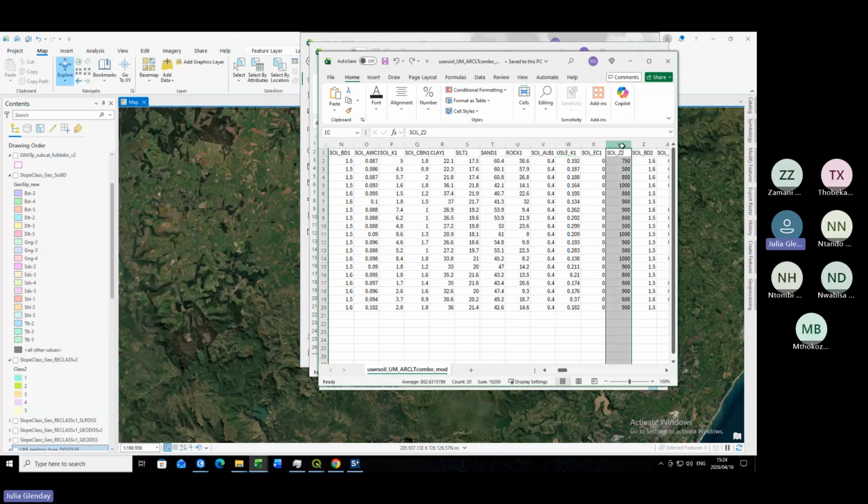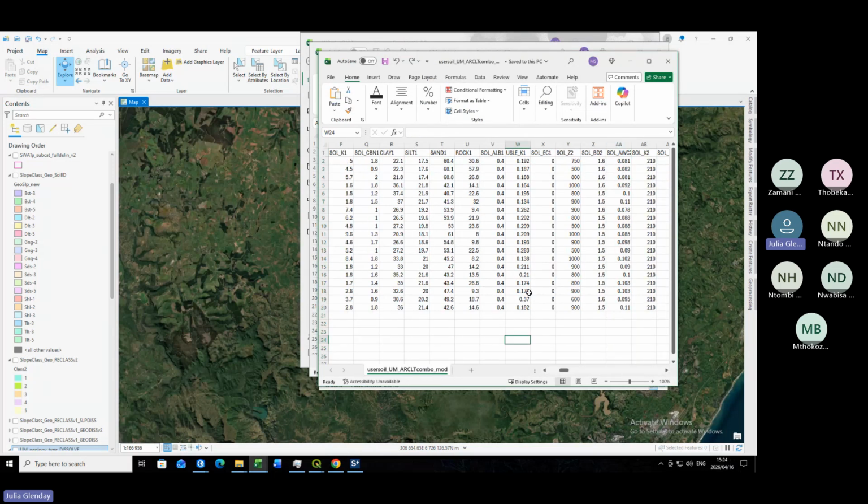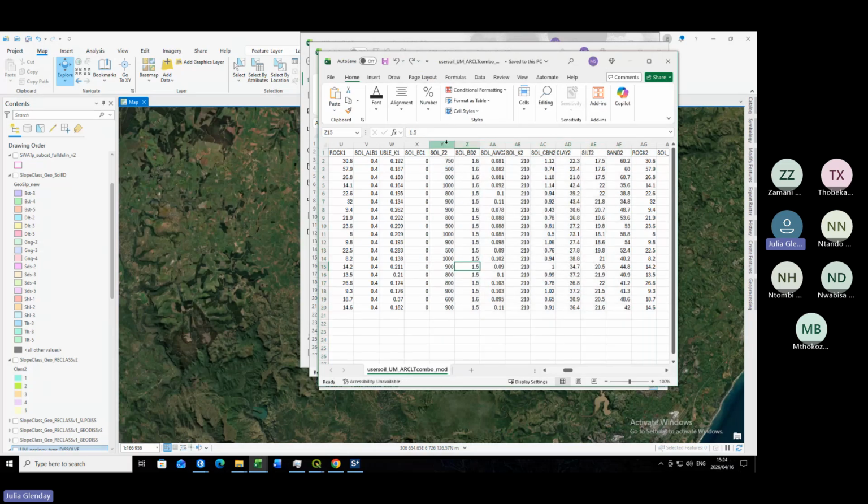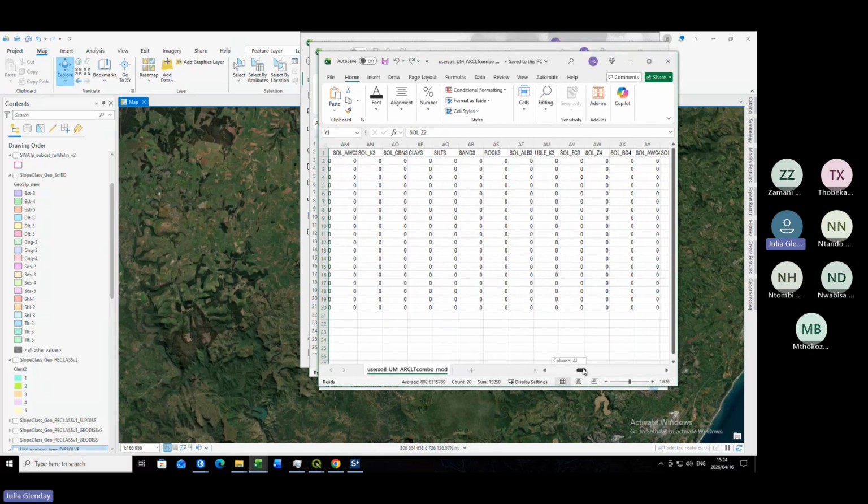And then it would start again from layer 2. So you can have as many layers as you'd like, but the ARC database that was made for SWAT from the ARC land types just assumes 2 soil layers.